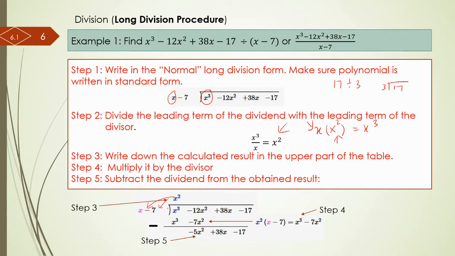I write it here and subtract: x cubed minus x cubed is 0. Then negative 12x squared, minus a negative, becomes plus 7x squared, which gives negative 5x squared. Then this one, since there's nothing, is 0, so I copy back my 30x minus 17.